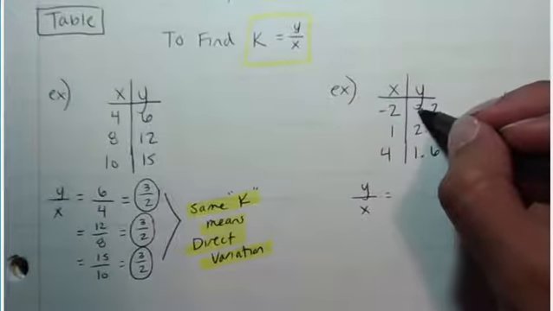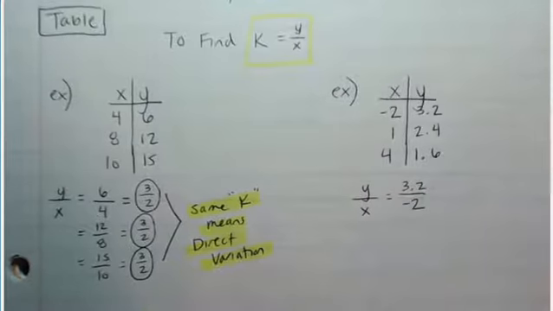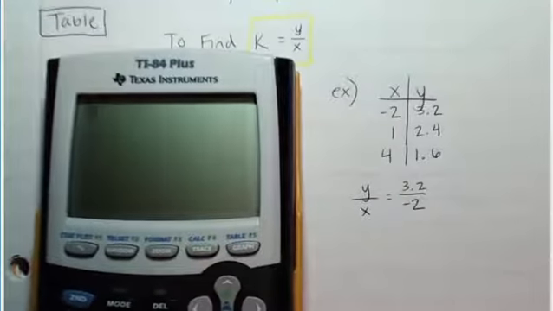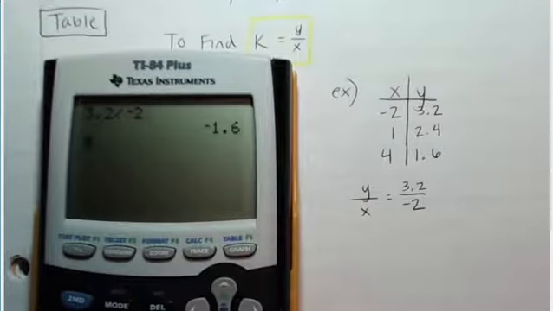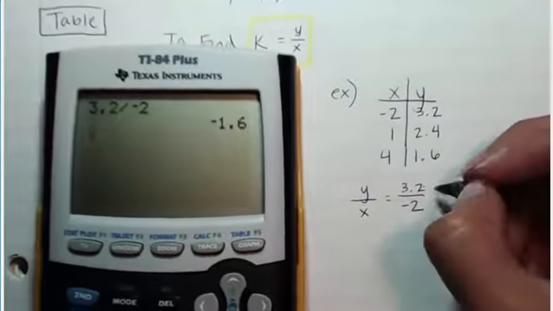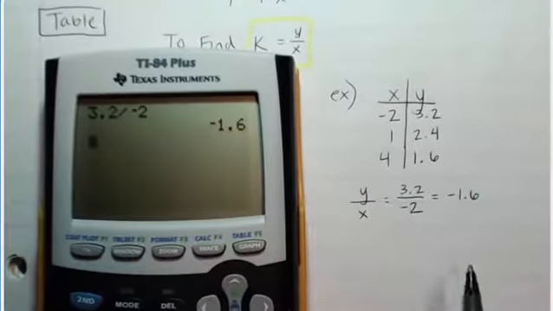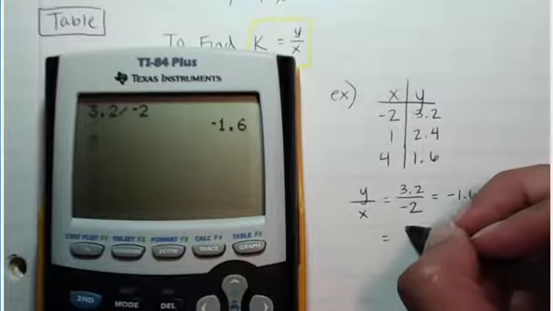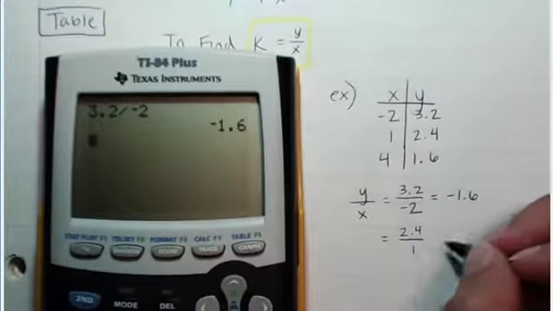So for this first point, I'm going to do 3.2 over negative 2. Now that's not a pretty fraction, so I'm going to use my calculator. 3.2 divided by negative 2. This one we're just going to keep as a decimal. So let's do negative 1.6. Again, we can keep it as a decimal just because we're trying to determine if it's a direct variation or not. Next point, 2.4 over 1, y over x.